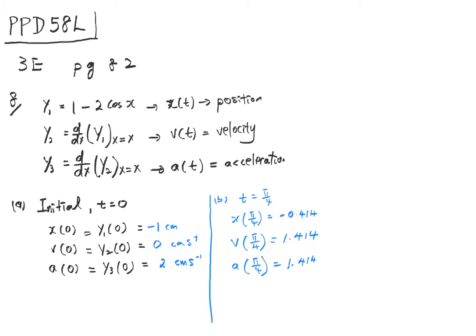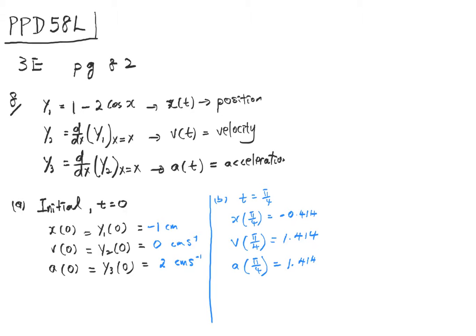Okay. The first one, very good. You tell me the displacement, you interpret. But the velocity, you didn't interpret. So how should you describe? Okay, at t equal to pi by 4, the particle is 0.414 cm to the left of the origin.